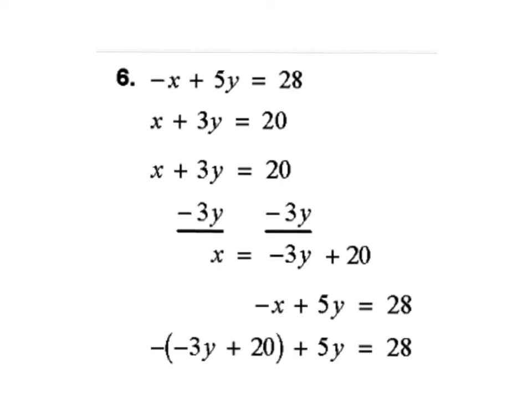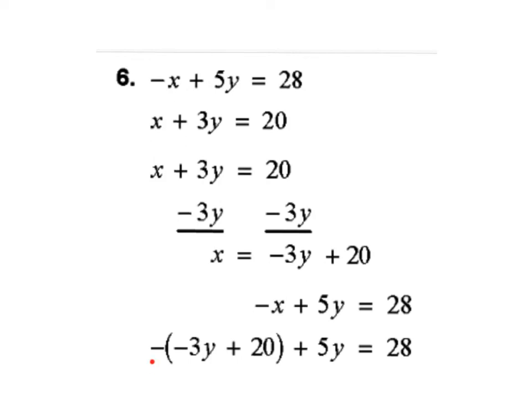Using this information, I'm just going to use my first equation, and now I'm going to substitute what I got for x right here. So I'm going to substitute negative 3y plus 20 into the first equation.